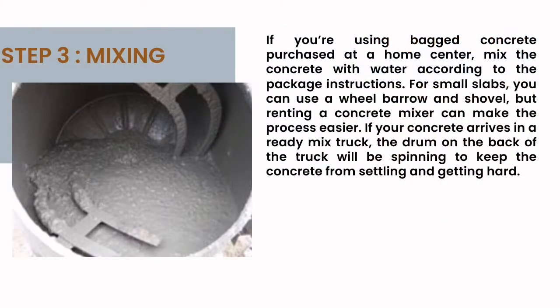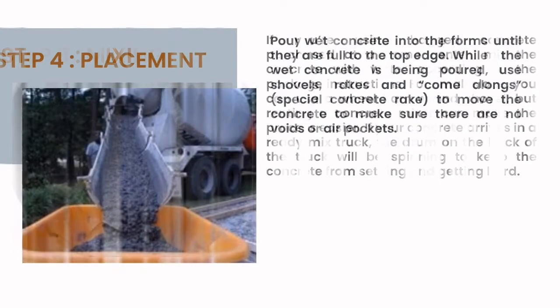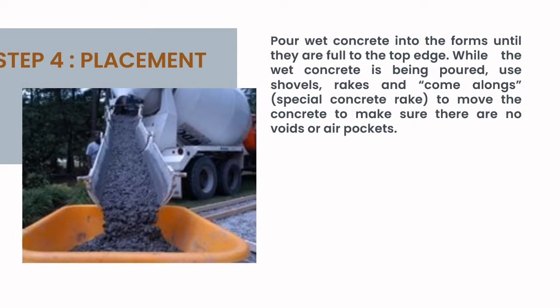Step 3. Mixing. If you are using bagged concrete purchased at a home center, mix the concrete with water according to the package instructions. Step 4. Placement. Pour wet concrete into the forms until they are full to the top edge.